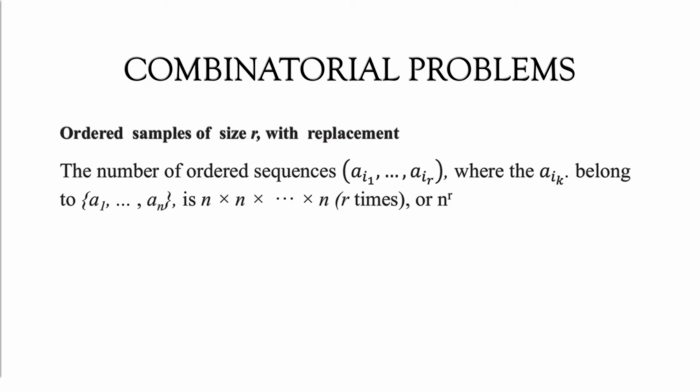Take note that the term with replacement refers to the fact that if the symbol a sub i sub k is selected at any step k, it may be selected again at any future time.